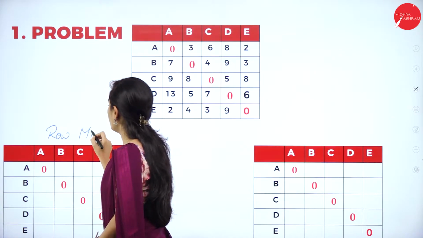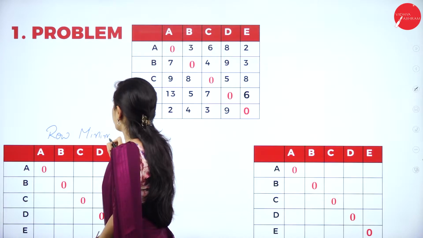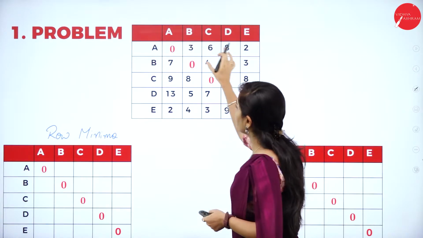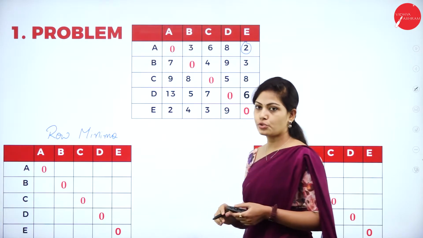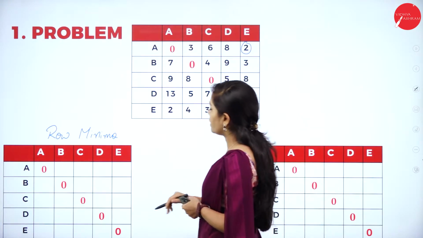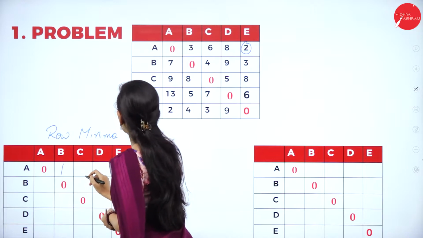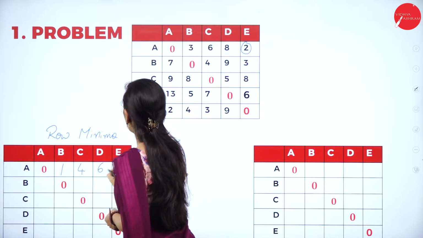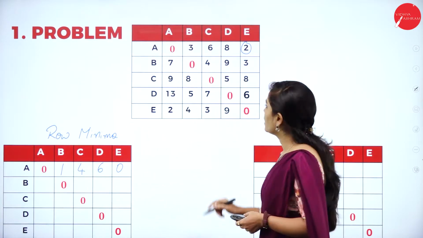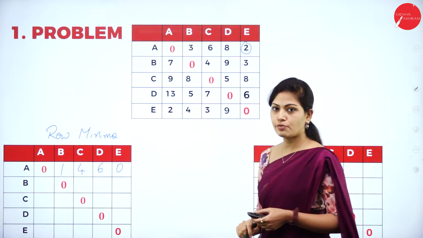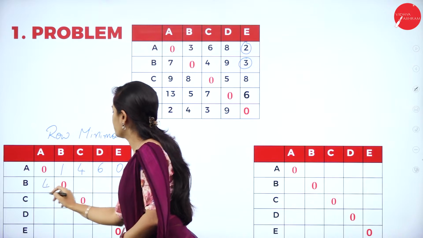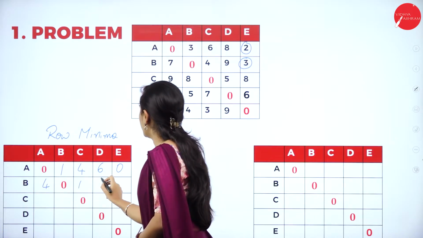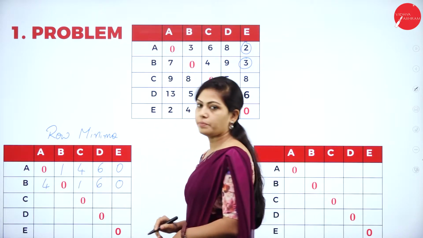row reduction or row minimum. In the first row, the least value is 2. So subtract it from the other values: 3 minus 2, 6 minus 2, 8 minus 2, and 2 minus 2 is 0. In the second row, the least value is 3: 7 minus 3, 4 minus 3, 9 minus 3 and 3 minus 3.